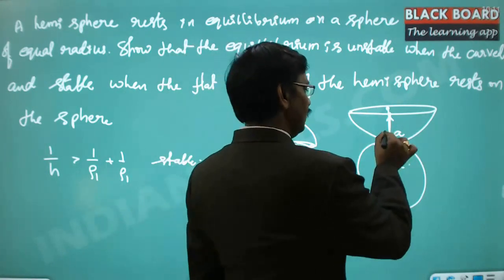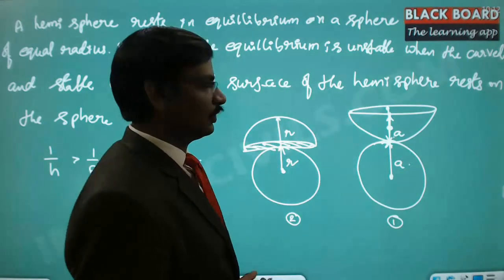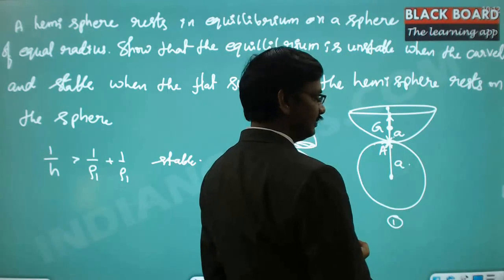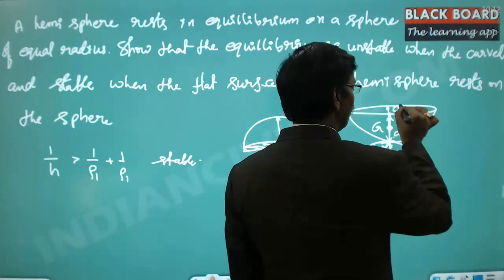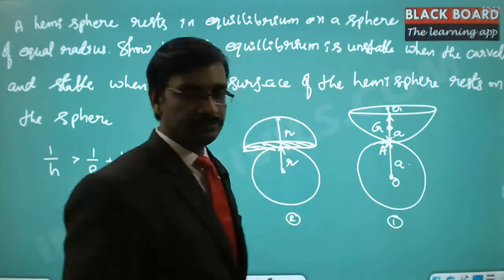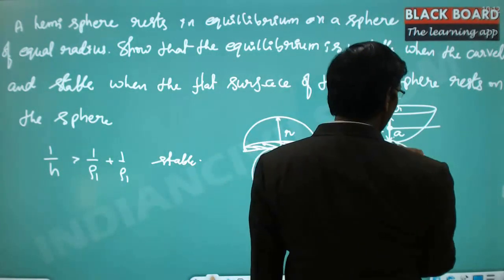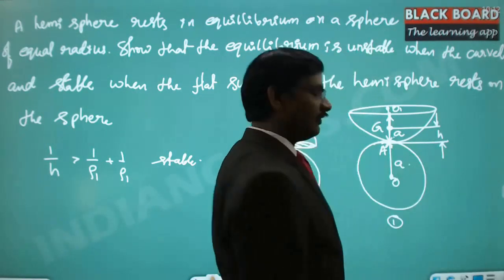Let us say the center of gravity of the top body is at this particular location. Let us say this is A and this point of contact is A, and this is O and this is O1. The center of gravity location above the contact surface is the value of h. So we have to identify the h value.